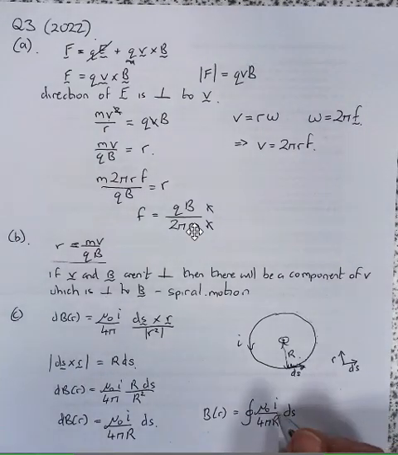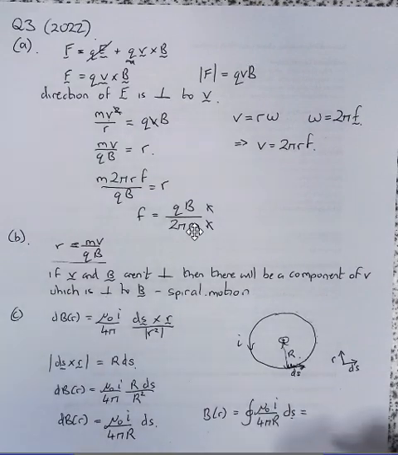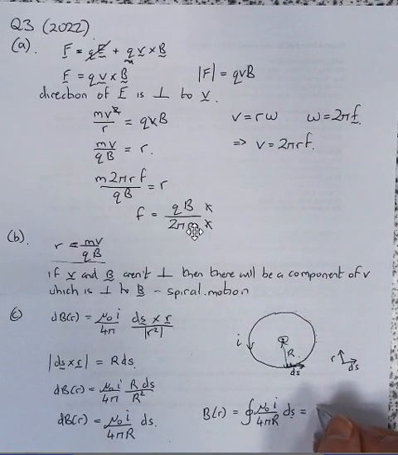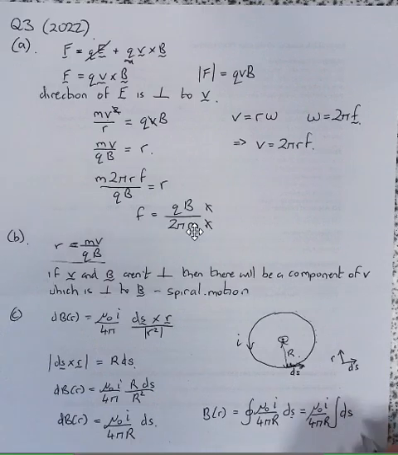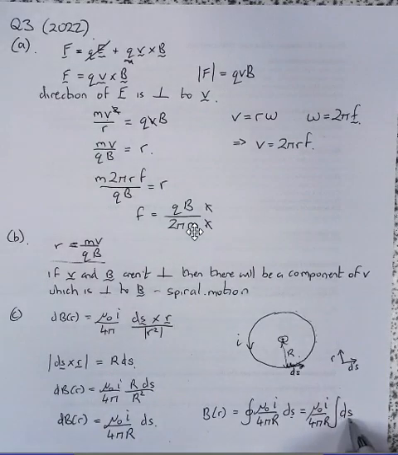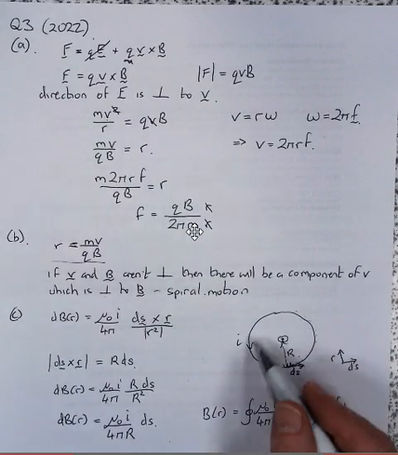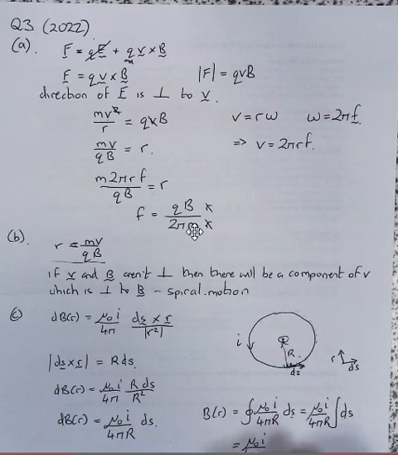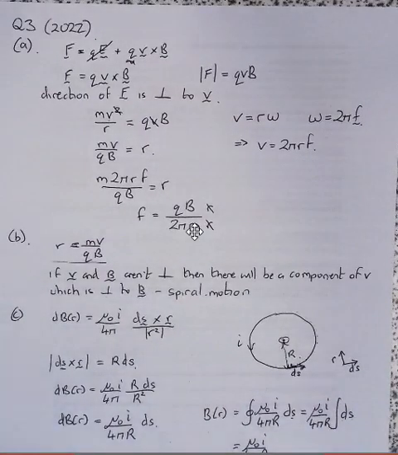And of course, mu naught, I and r are not dependent on s, on the distance you go around the loop, so they can all come outside, 4 pi r squared times the integral of ds. And of course, if you integrate just a distance around the loop, you get the length of the loop.